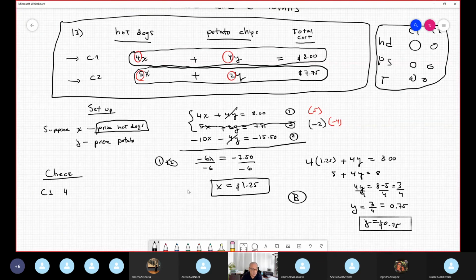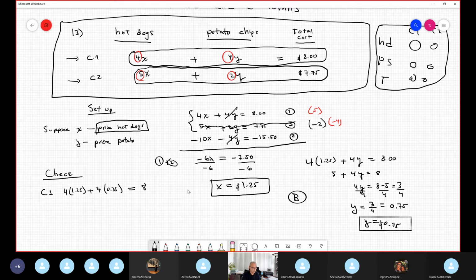Customer one is 4 multiplied by 1.25. So 4 hot dogs, the price for each hot dog is 1.25, plus 4 times the price of the potato chip, 0.75, and this should be $8. Let's do it.